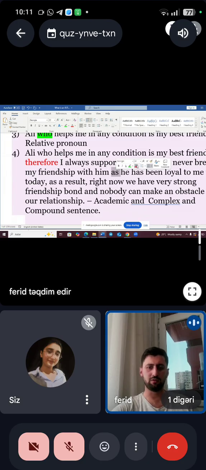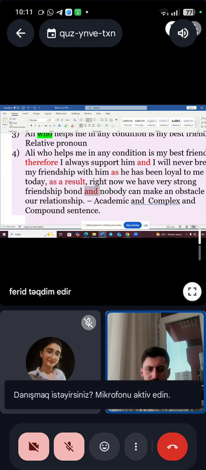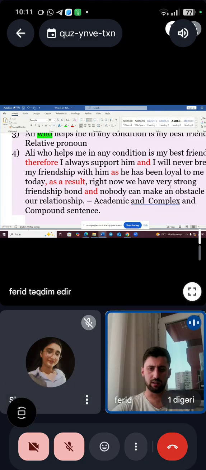And also I have coordinated and subordinated many conjunctions in one sentence: as a result, again, and, right now we have, and nobody can. I have written five conjunctions in just one sentence.